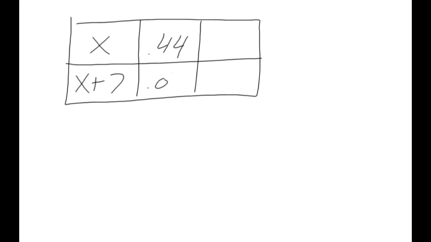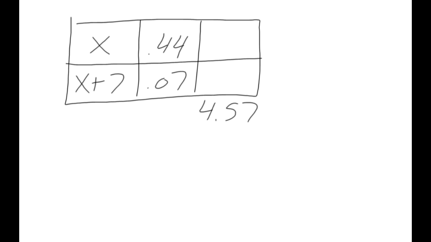So to save us some time here as we work through this problem, you're going to have this. Okay, so there's an X amount of copies for 0.44, and there's X plus 7 because she made 7 more of those for 0.07 per copy, and my total is 4.57.